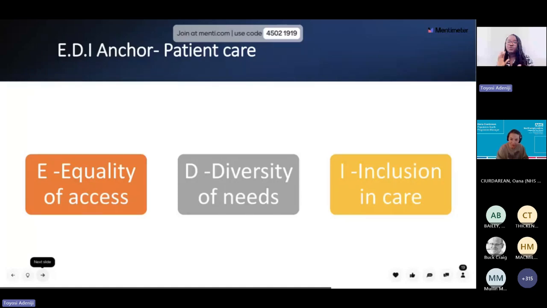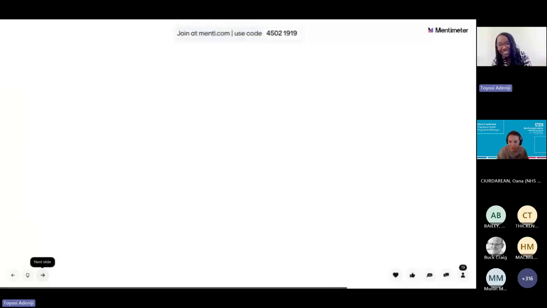Oftentimes, a lot of us are talking to our patients, sending messages out, but it's almost one directional. I think we need to take our PPGs seriously and engage with them a lot more. Even beyond PPGs, we should think of creative ways to make sure our patients are part of the journey with us. That makes them feel a lot more included in the whole process.